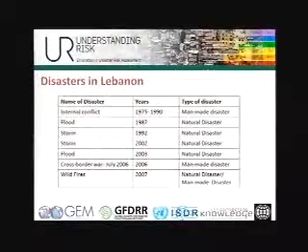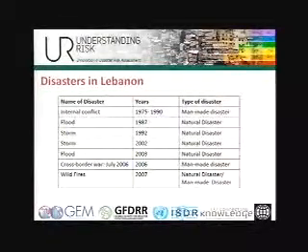So basically, before we started with views from the front line, we tried to dig for secondary data that would at least give us an overview on the at-risk communities in Lebanon, and communities at risk of disasters.